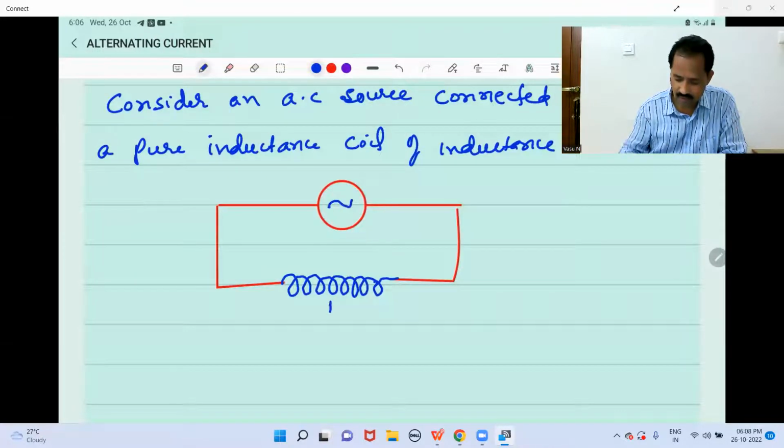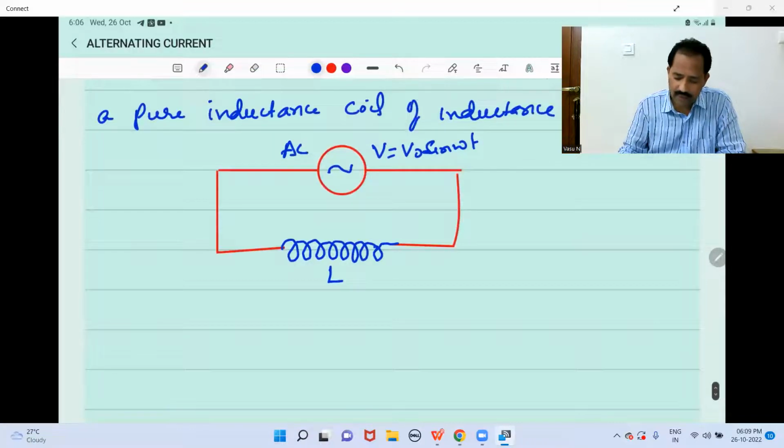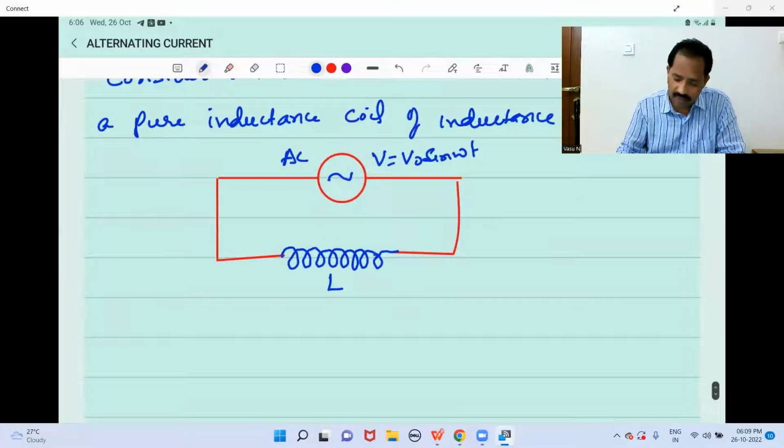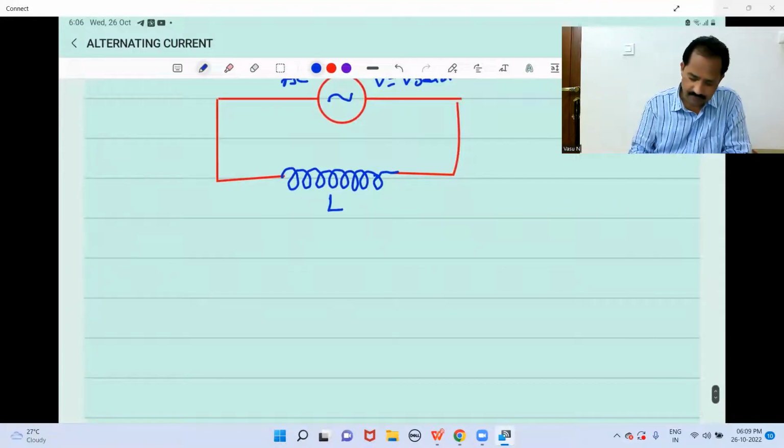This is inductance L. This is the applied AC, so I can represent it as V = V0 sin omega t. Okay, makla, you must draw this diagram. So now I will write the applied AC.